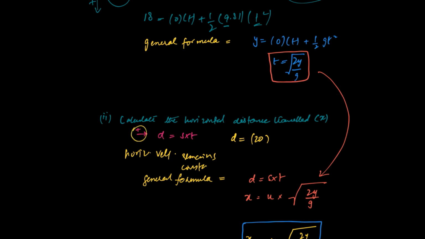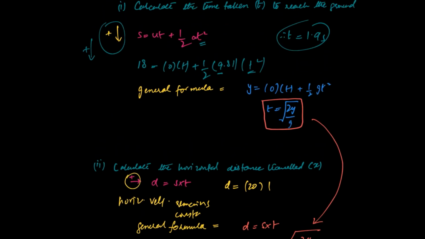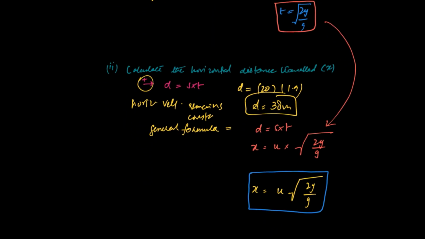Taking this rightwards direction as positive, we already know that the time taken in the vertical plane would be equal to the time taken in the horizontal plane. So we could just use this time period calculated, 1.9, and the total distance in the horizontal plane would be 38 meters.